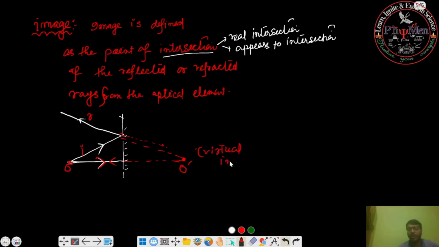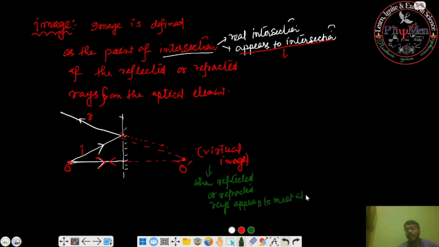When it will be called virtual image? Virtual image कब बोलेगा ये? Virtual image होगा जब appears to intersect. Virtual image होगा जब reflected or refracted rays appear to intersect or meet, appear to meet at a point.